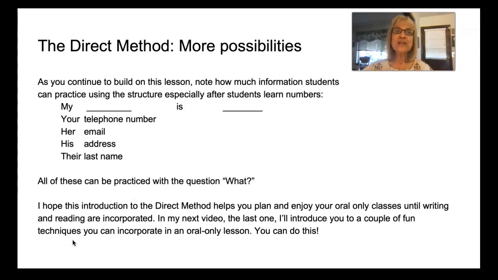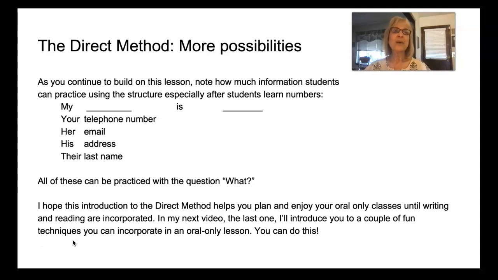As you continue to build on this lesson, note how much information students can practice using the structure you've just taught them. So all the possessive pronouns, my, your, her, his, their, possibly. Then you can introduce other vocabulary words, especially once they know numbers.